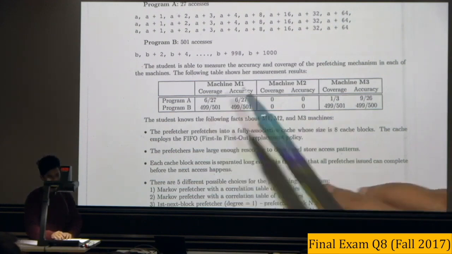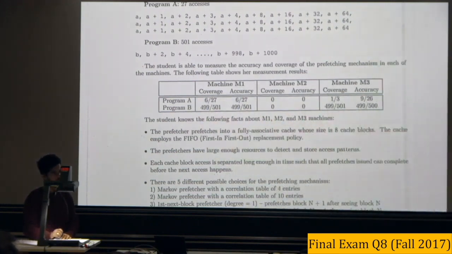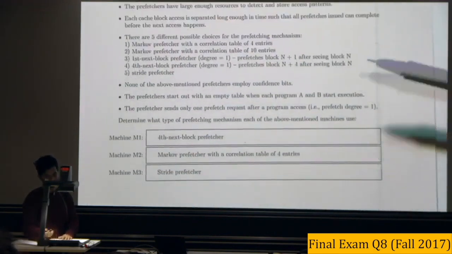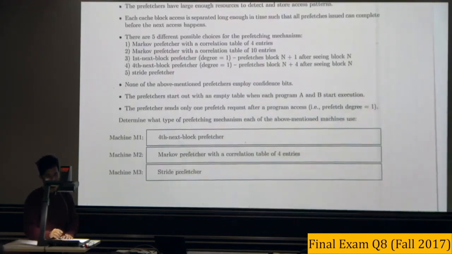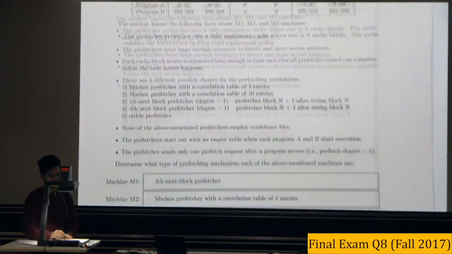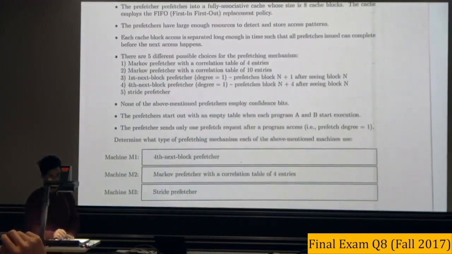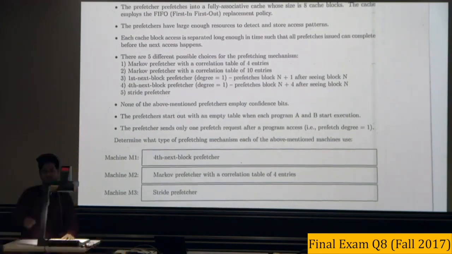But as we have seen that program A has different properties, we can simply go and check which one fits best, and that essentially ends up here. So machine 2, everything is 0, that means it's most likely the Markov prefetcher. So yeah, Markov prefetcher, it's out. And then machine 1 is the fourth next block, and machine 3 is the stride prefetcher. Make sense? Good.